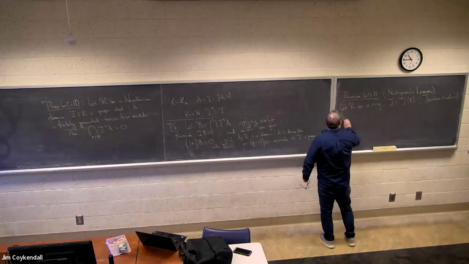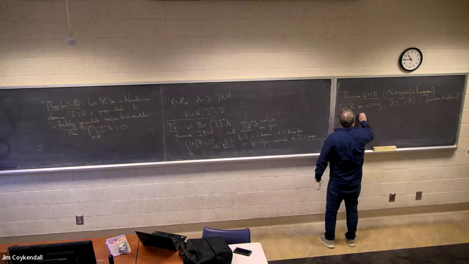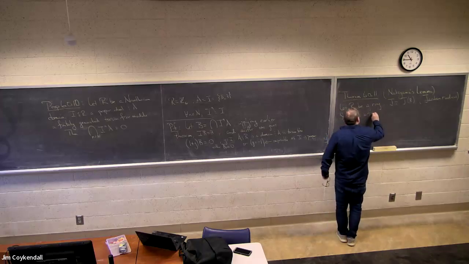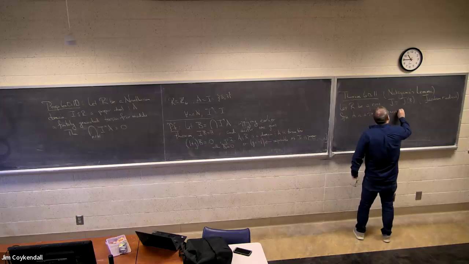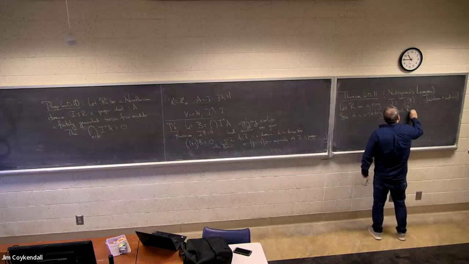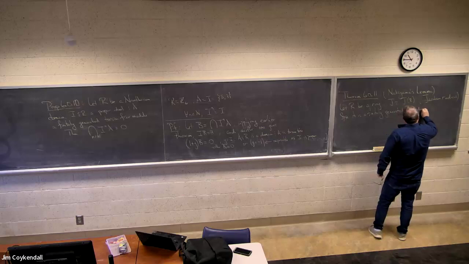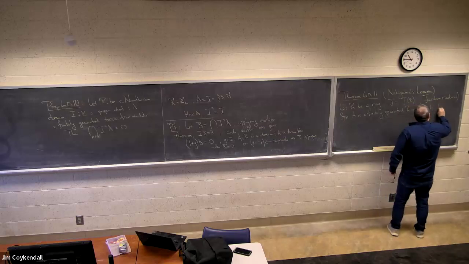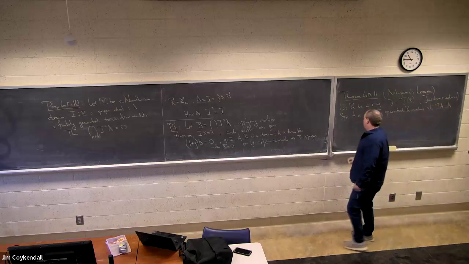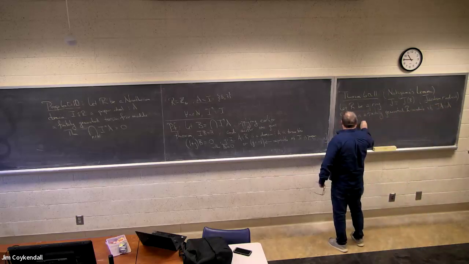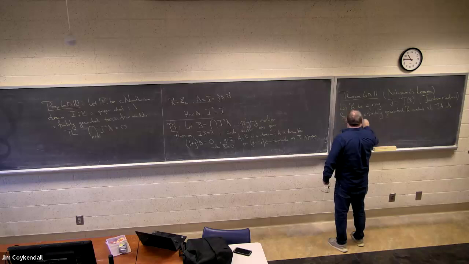Suppose A is a finitely generated R module such that JA is equal to A. Then A is 0.